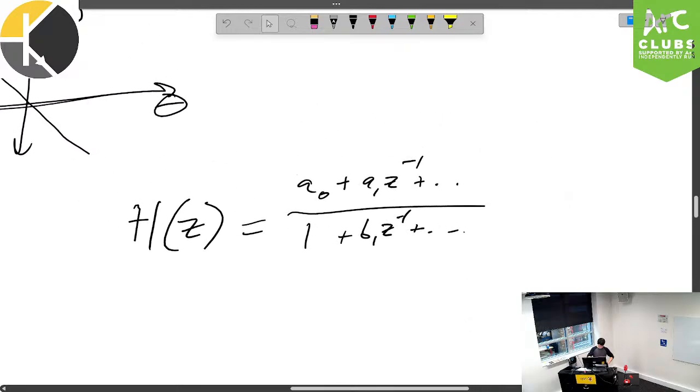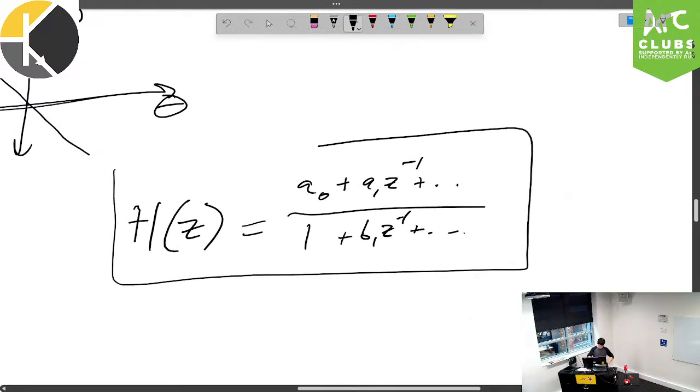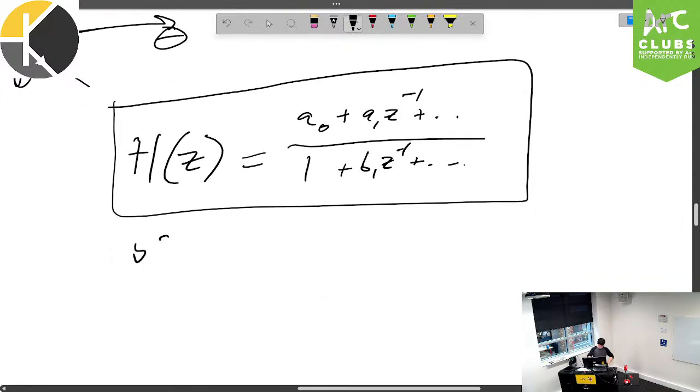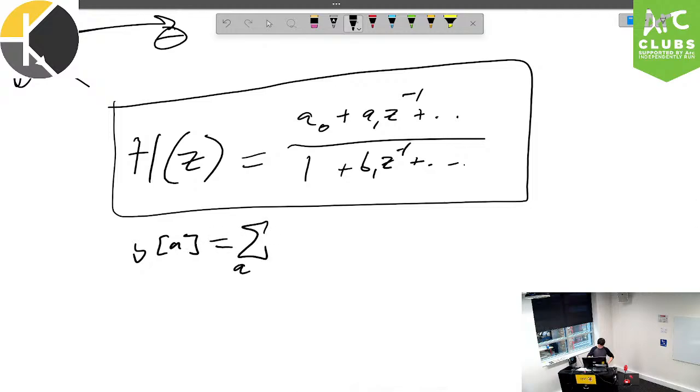To characterize our z transform, this corresponds to a difference equation of the form y[n] is equal to the summation of ak x[n minus k] plus a summation of bk y[n minus k].